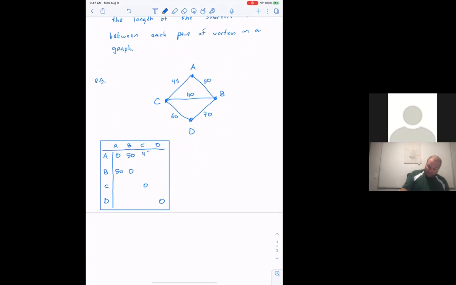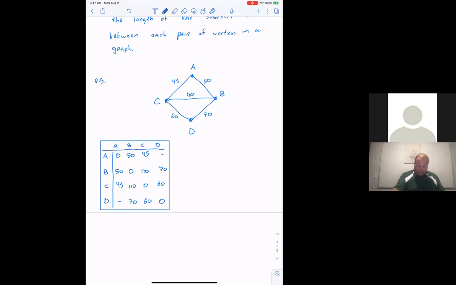A to C is 45 in either direction. A to D, there is no A to D, so this wouldn't even appear on the original graph. There's no connection from A to D. B to C is 110 in either direction. B to D is 70 in either direction, and C to D is 60 in either direction.